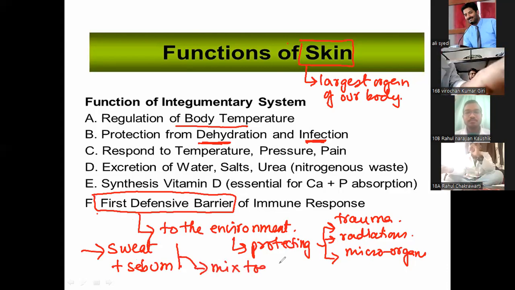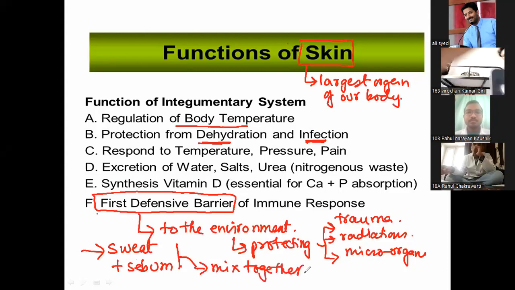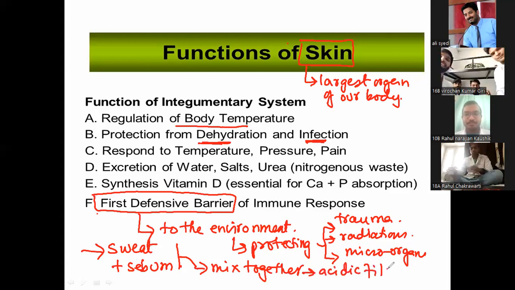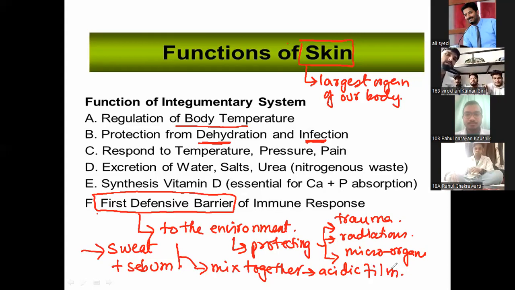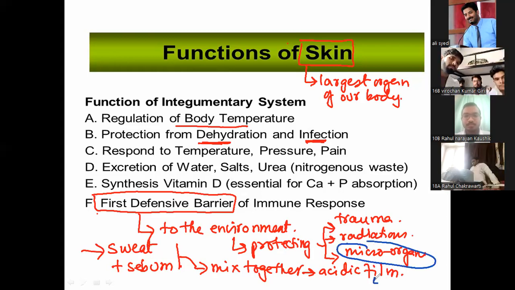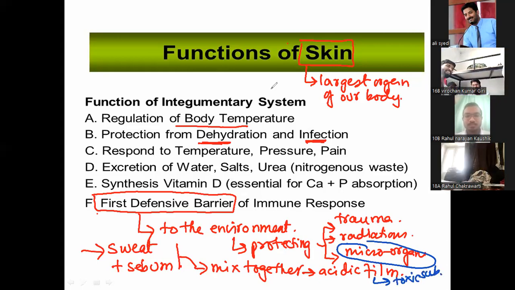When they mix together, they form a thin acidic film on your skin. And this acidic film formed on your skin is going to protect you from various microorganisms. It is also going to protect you from various toxic substances. Okay.